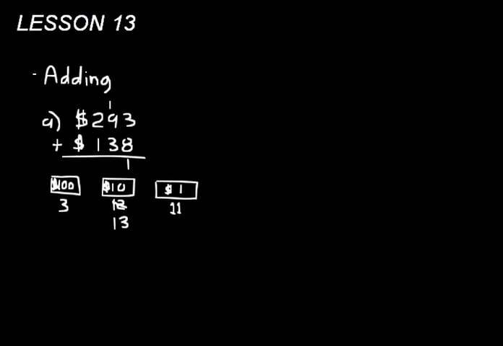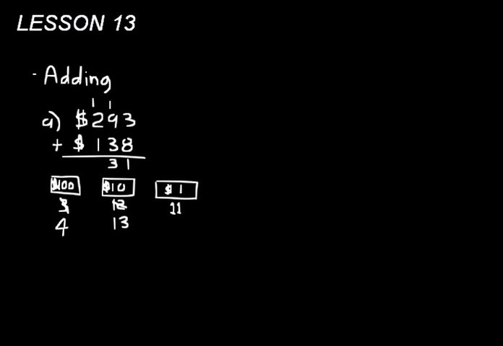Now, just like we can simplify $11 into 1 ten and 1 one, we can simplify $130 into one $100 bill and 3 $10 bills. And so let's go ahead and put a 3 in the tens column there and put that one $100 bill up there. And so that means, let's just cancel that out and say we have 4 $100 bills now.